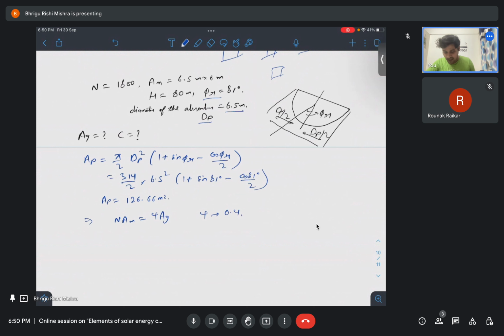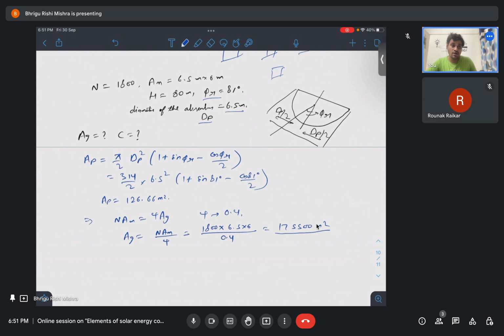So we can calculate AG, which is the total ground area around the tower covered by heliostats. It is N AM by psi, so it is 1806.56 divided by 0.4, so it is 1755 meter square.